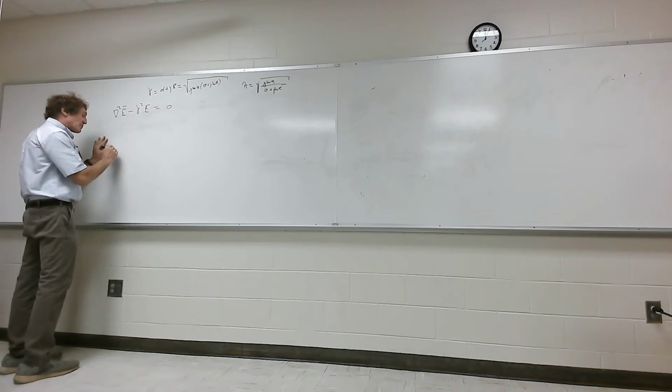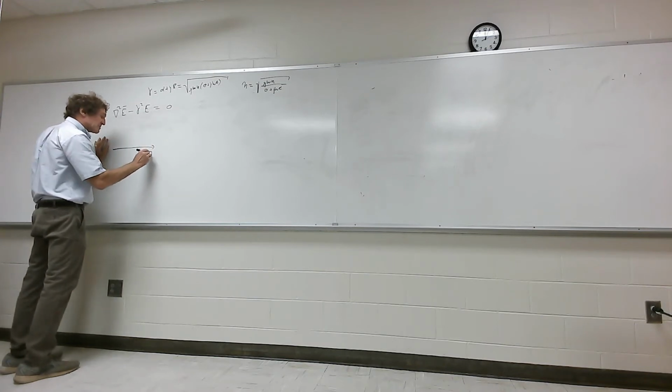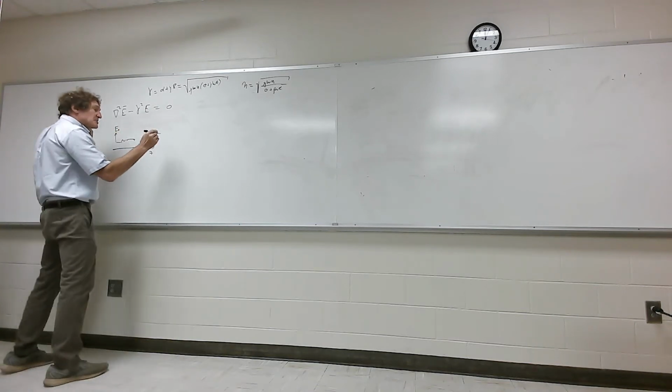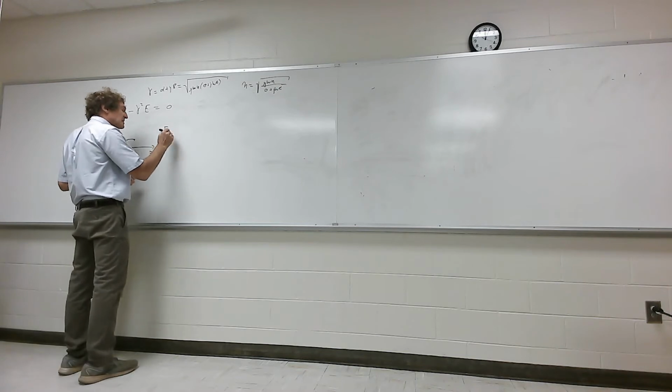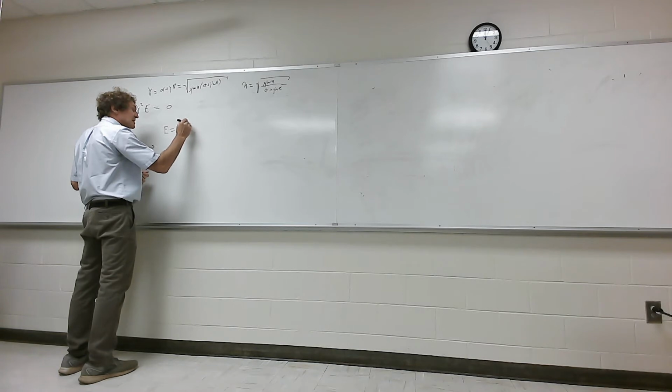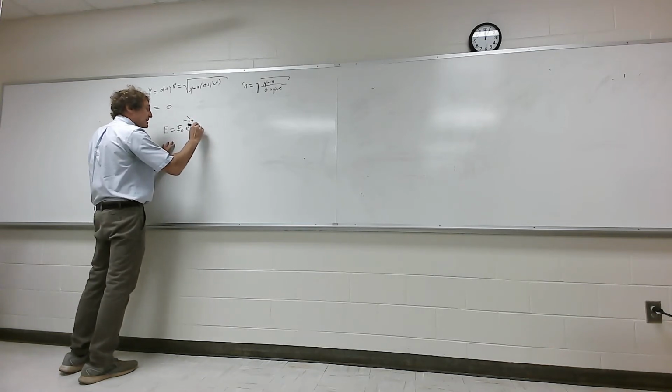If we talk about wave propagation in the z direction, and we have an electric field in the x direction, in general the electric field is given by some magnitude E naught times e to the minus gamma z, in the ax direction.